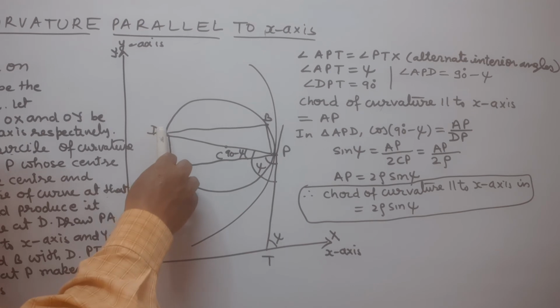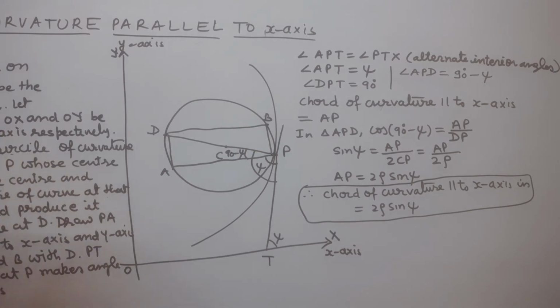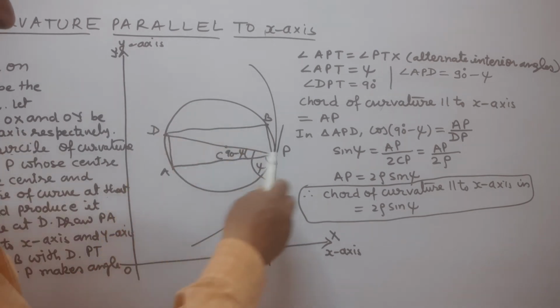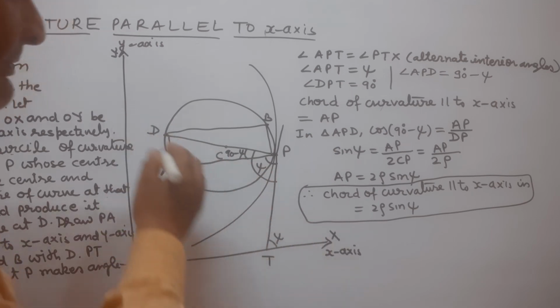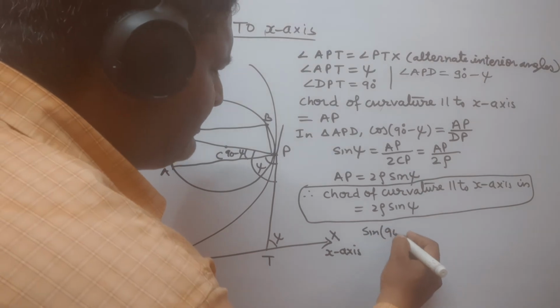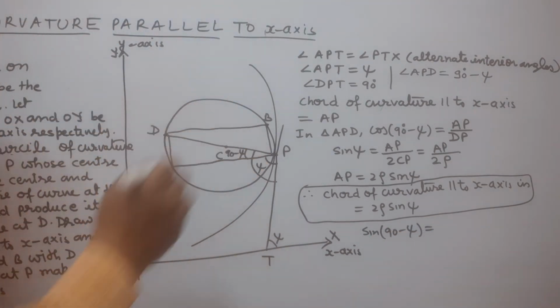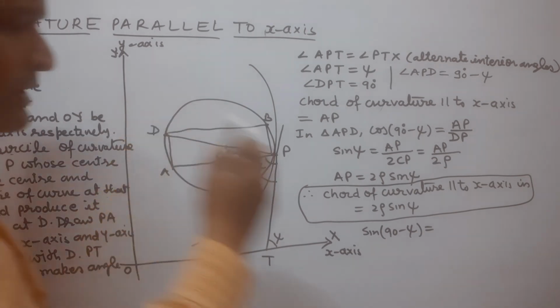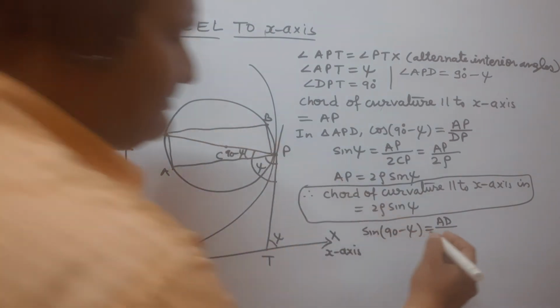We see from the figure that AD is equal to BP. So we find AD in this triangle APD. In triangle APD, sin 90 minus psi is equal to perpendicular upon hypotenuse. Here perpendicular is AD and hypotenuse is DP.